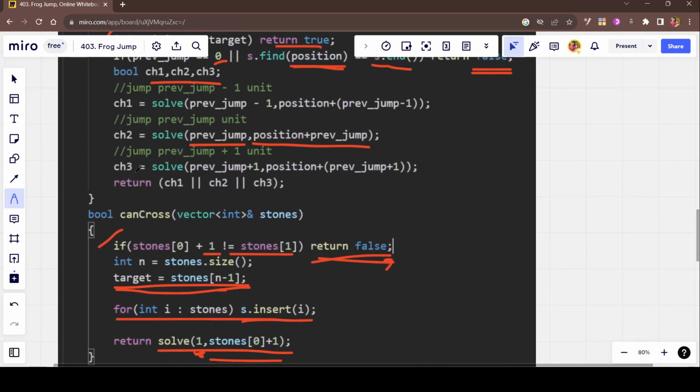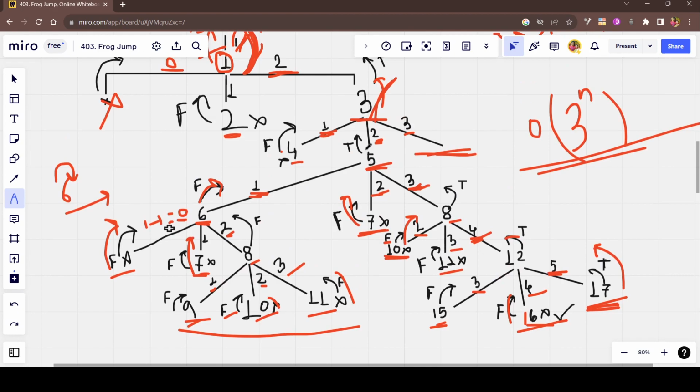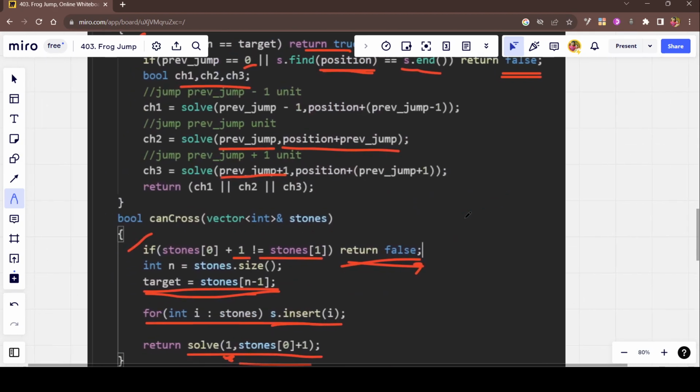And choice 3 means previous jump plus 1 unit, so your position is now position plus previous jump plus 1. Suppose previously you jumped 2 units and now you are on 5, so you can jump 2 plus 1, 3 units, and you are on 5 plus 3, position 8. Got that point?